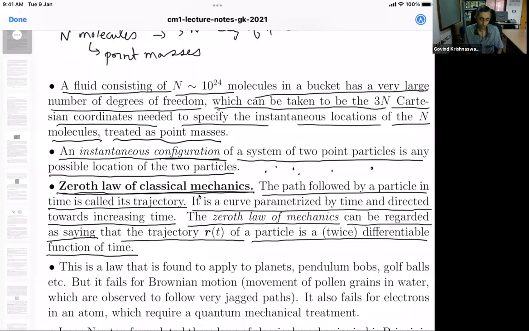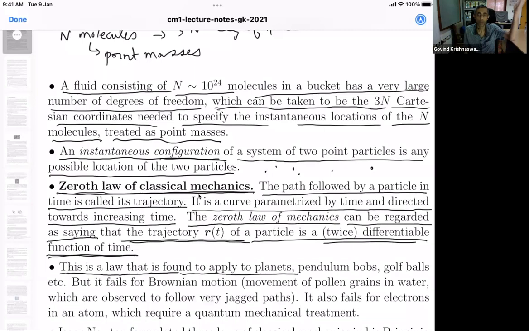Now, for instance, this zeroth law of mechanics, which requires that we are considering a system where the trajectory is a twice differentiable function of time, unfortunately doesn't hold for all systems. It does hold for a vast majority of the systems we study. It is found to apply, for instance, to the motion of planets.